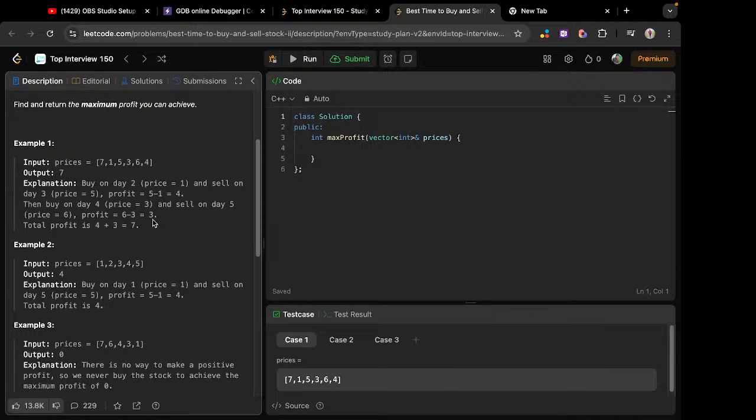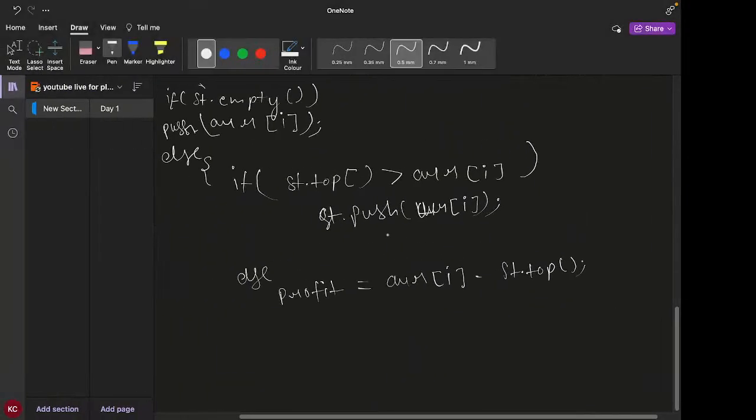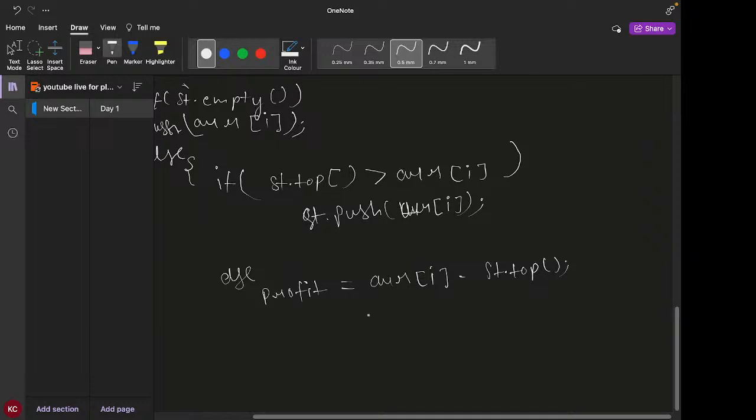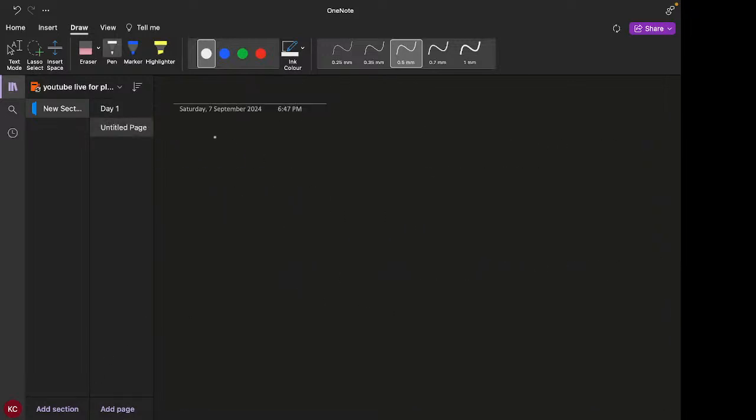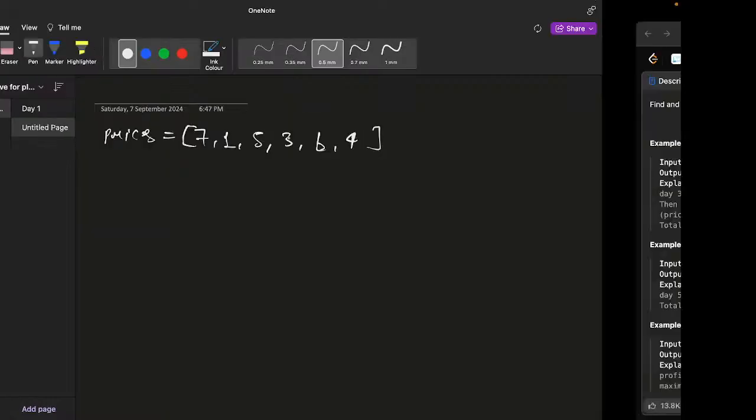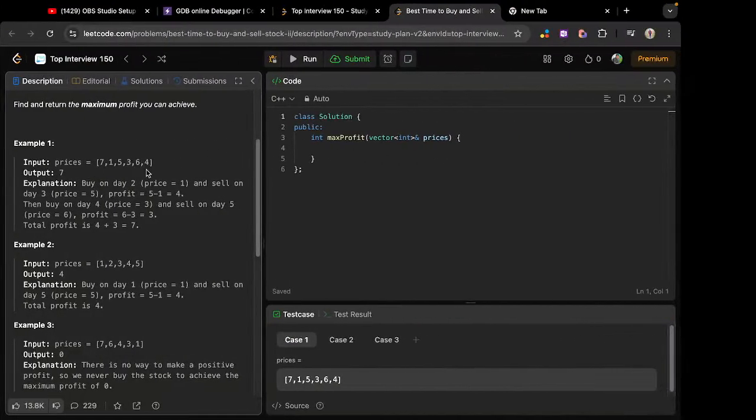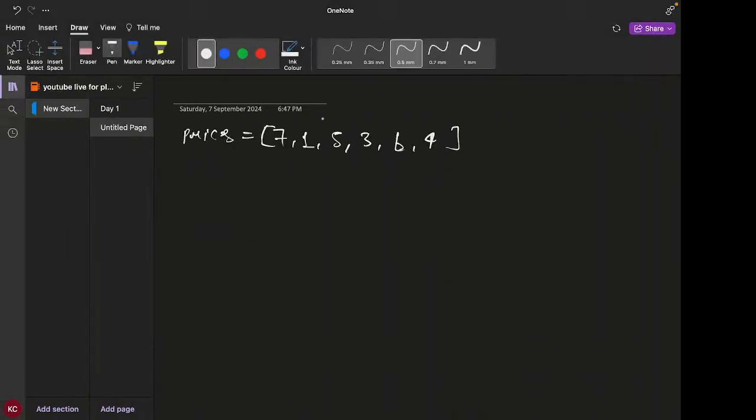Is it possible? Let's suppose I solve it with 7, 1, 5, 3, 6, 4. I have to buy here and sell here.